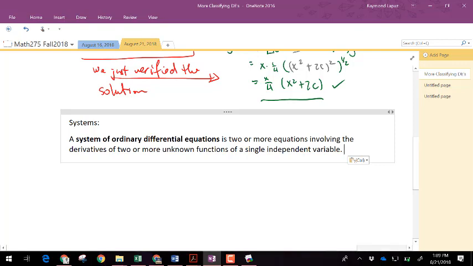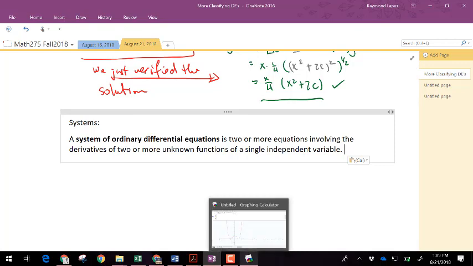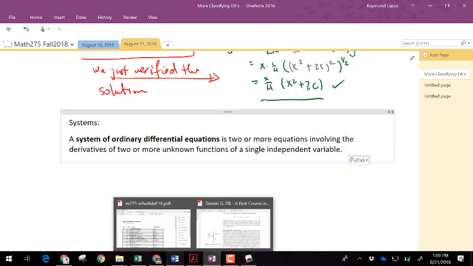I will point out some examples when we come to doing examples. I think somewhere in chapter 3 they do some examples of systems, and we'll take a look at that. All right, what else?